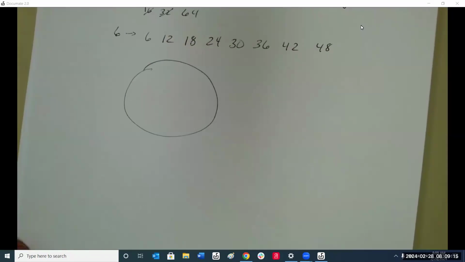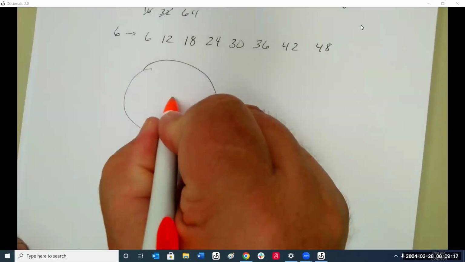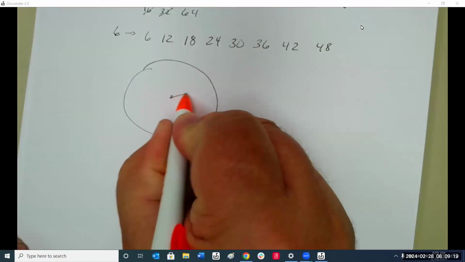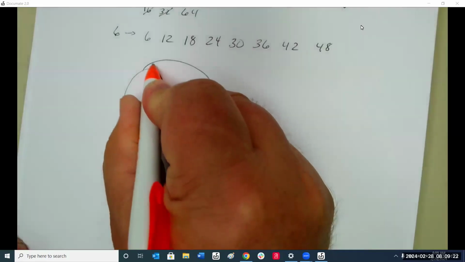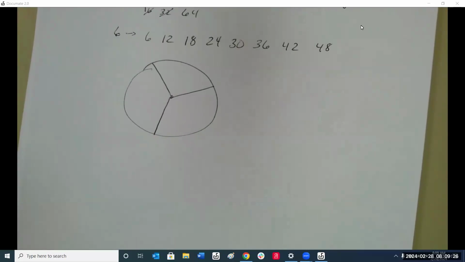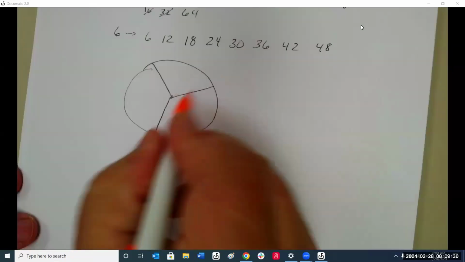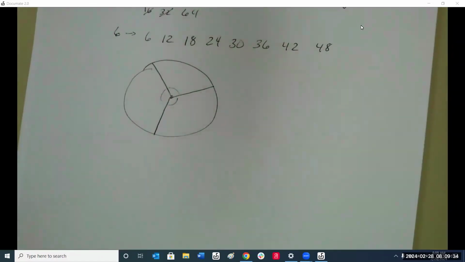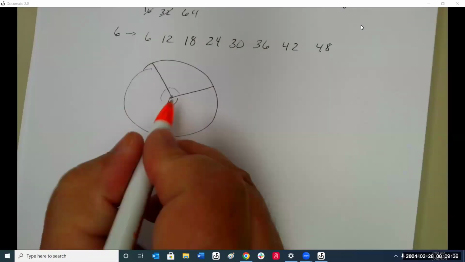Like a Y shape, so it's 3 slices. That would be more because, but now what's difficult about that? Making sure each of these angles are the same. How much should these angles be?